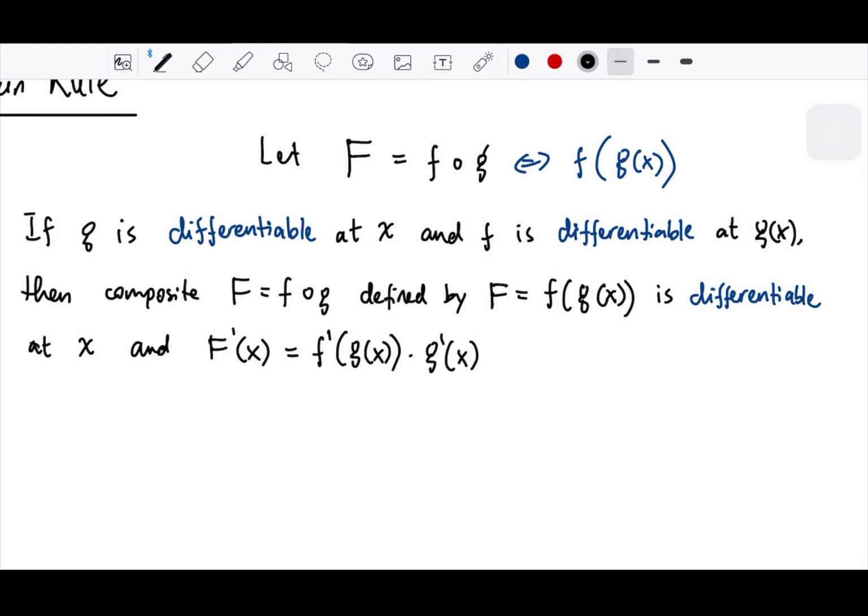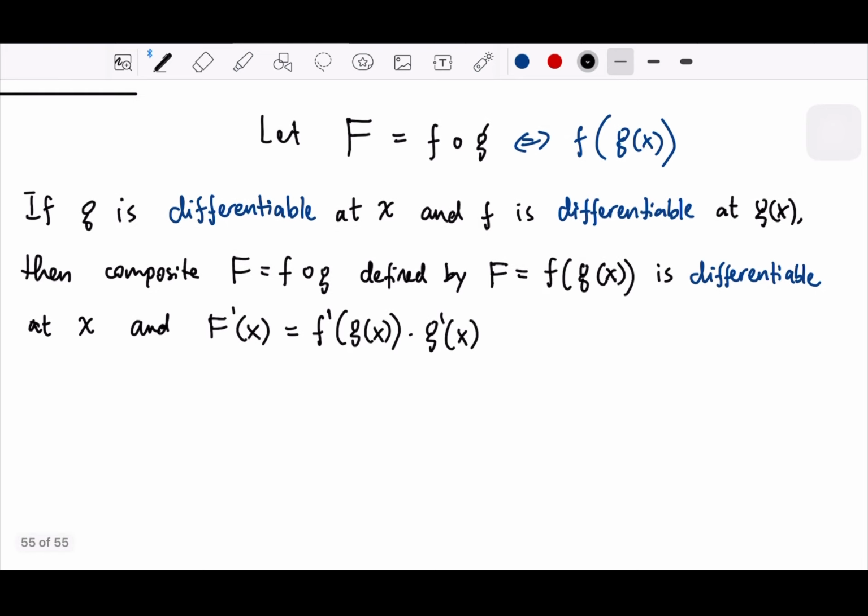Another way, we can write it in Leibniz notation.